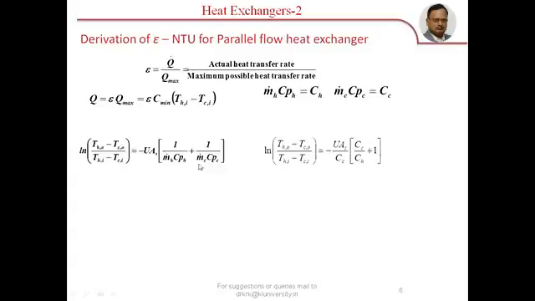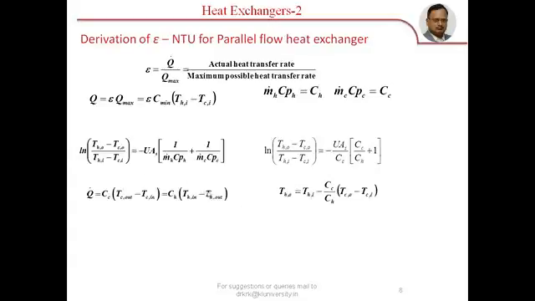So this MHCH is written as capital CH and this MCCC is written as capital CC, and then bring out CC outside. You will get UA by CC into CC by CH plus 1. And we know that Q equal to MCCC, that is heat capacity of cold fluid into temperature rise of cold fluid, which is also equal to heat capacity of hot fluid into temperature drop of hot fluid.